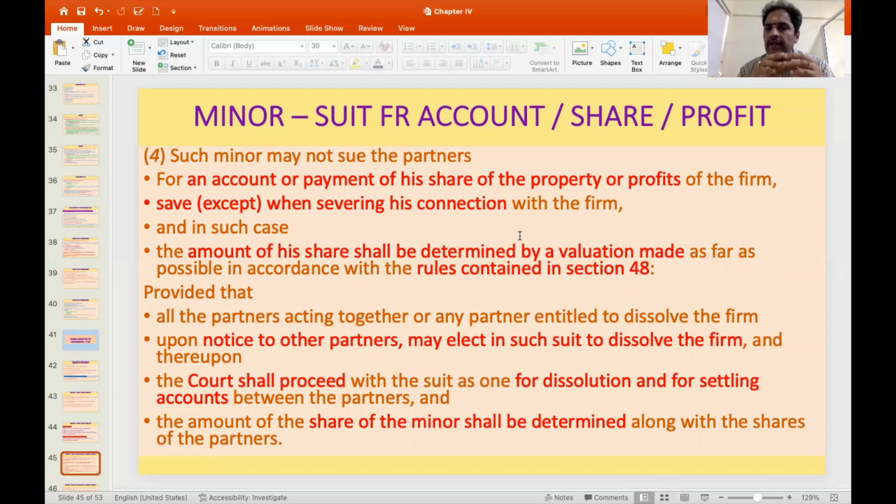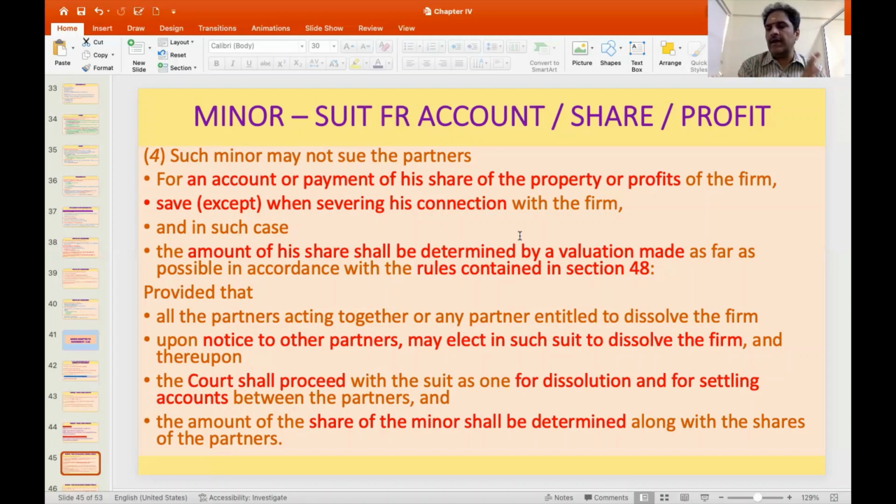But in this particular suit, if all the partners acting together or any partner who is entitled to dissolve the firm according to the terms of the partnership agreement, then he will give a notice to all the partners and elect in this particular suit filed by the minor that he will ask the court to dissolve the firm, in which case the suit by the minor will be treated as a suit for dissolution and settling of accounts between all the partners.